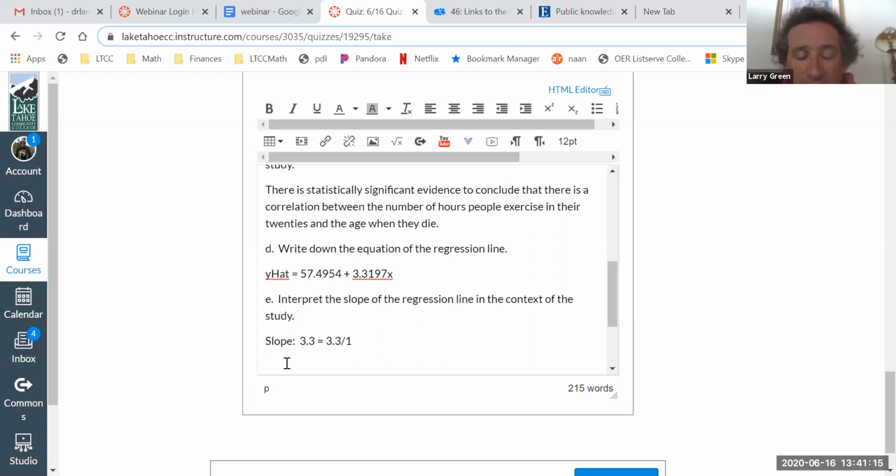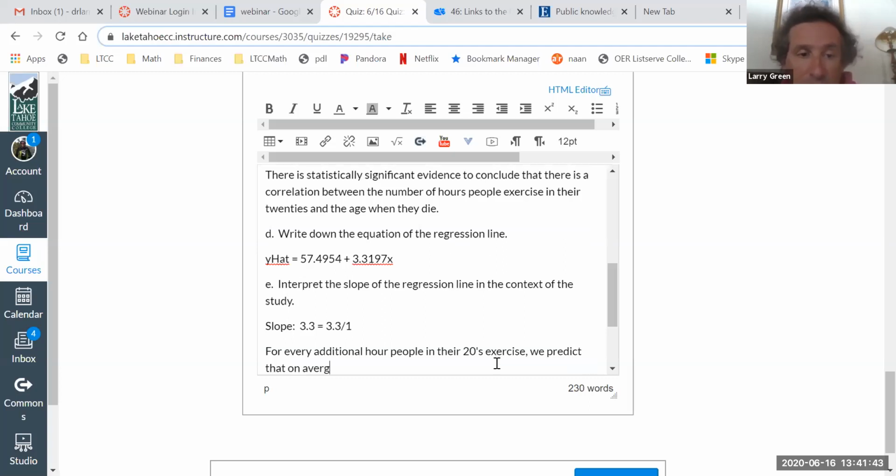So now let's put things together. For every hour, and maybe even for every additional hour, people in their 20s exercise, we predict that on average, they will live 3.3 years longer.